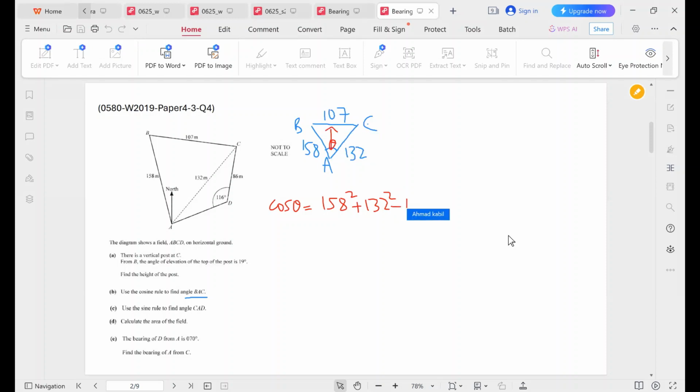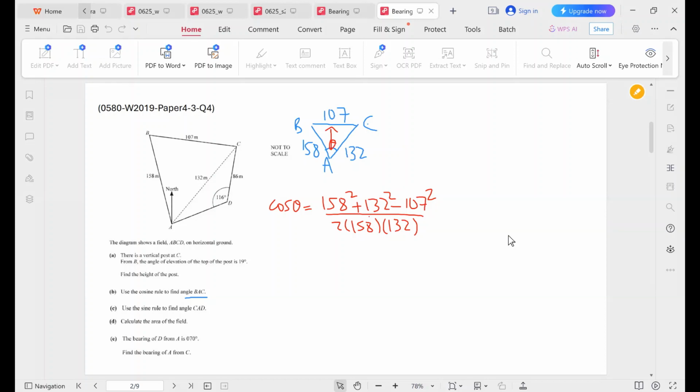So this would be minus 107 squared over 2 times 158 times 132. Let's evaluate the numerator. 158 squared plus 132 squared minus 107 squared.